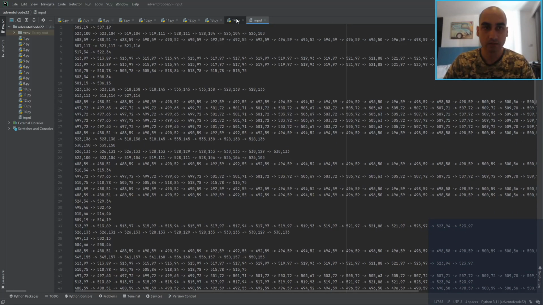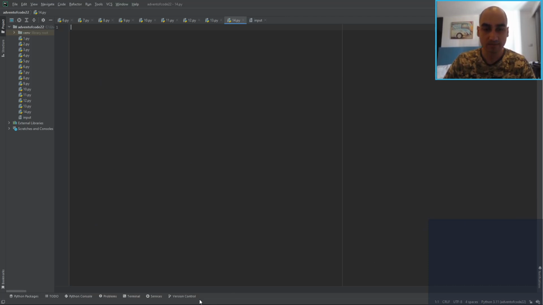So we need to build... What are the dimensions of the grid? Do they even have dimensions? Sand is coming in from 500. It doesn't tell us what the highest... It's probably actually kind of infinite, because we don't know how far out sand will stretch, but then it can never go further than where the rock is.